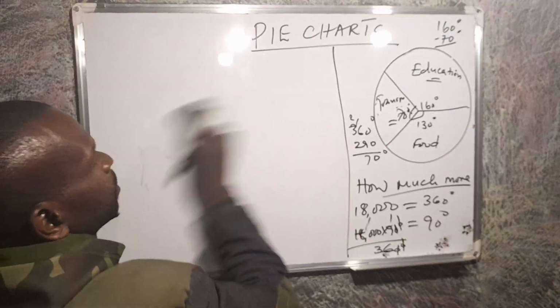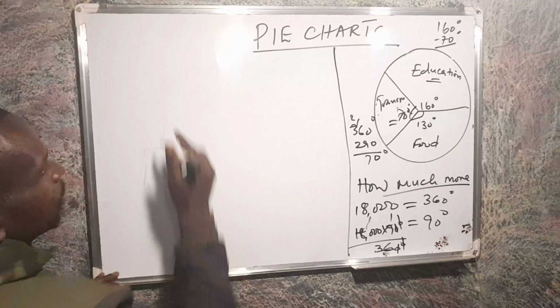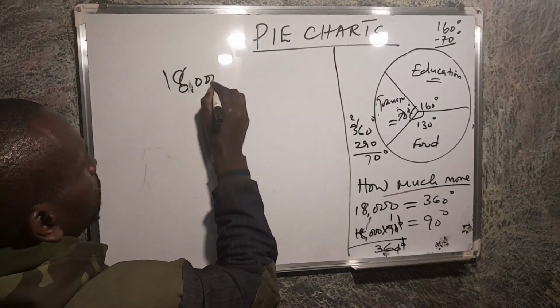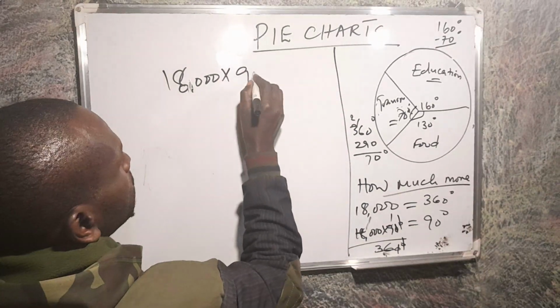Some people even simplifying that becomes a problem. We are talking about 18,000. We are multiplying it by 90 degrees.